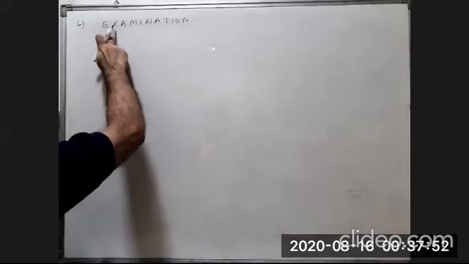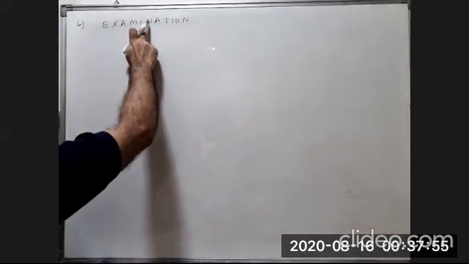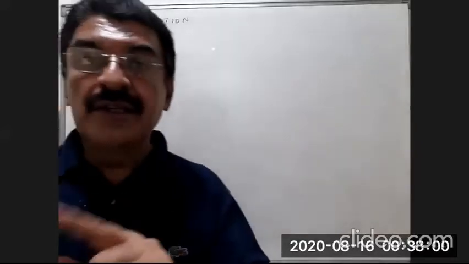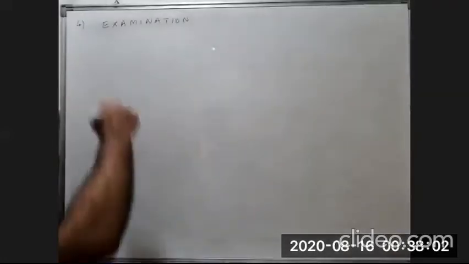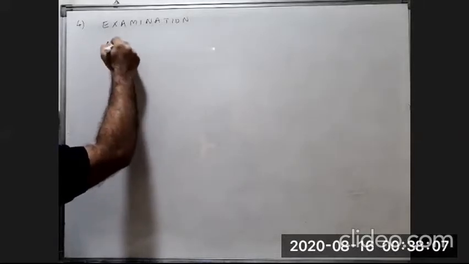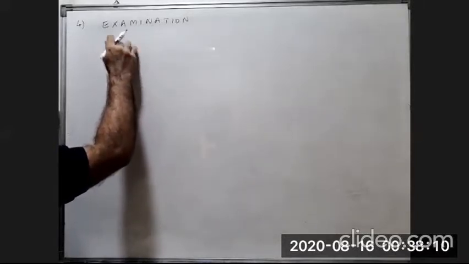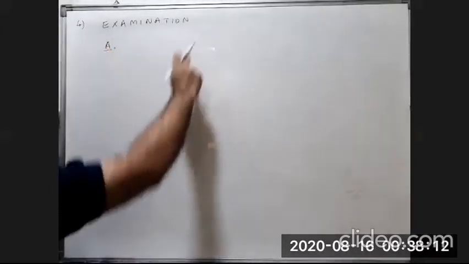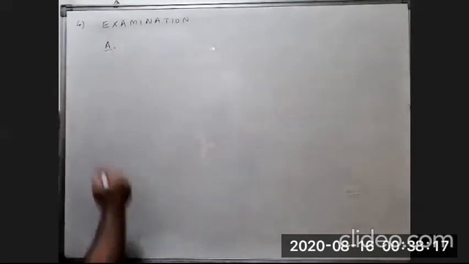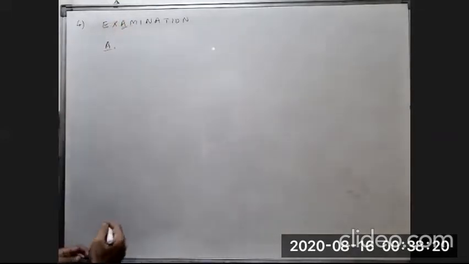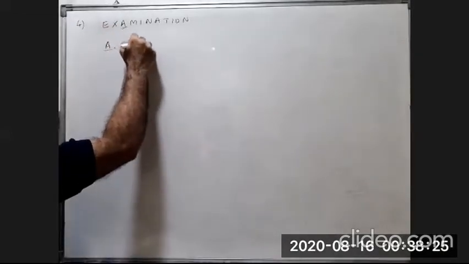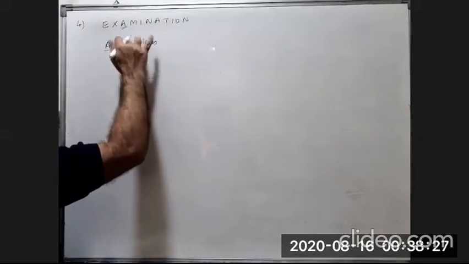See, in all there are 11 letters. The condition is starting with A. That means the first position is A, and this is fixed. Remaining, how many positions are there? Remaining 10 places.